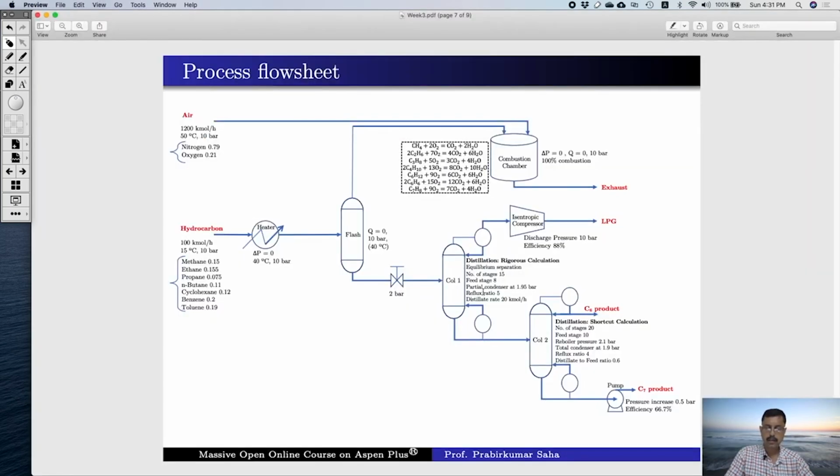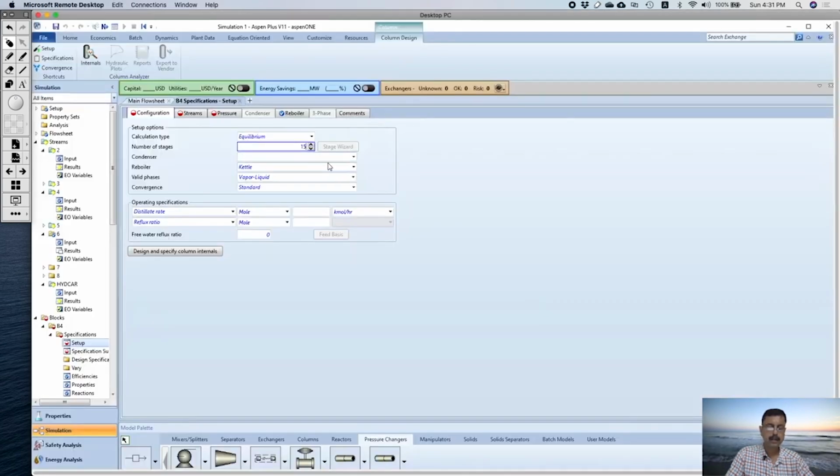And the condenser will be a partial condenser. Now it is partial vapor, because a partial condenser may produce either vapor or both vapor and liquid. So in our case we have only vapor, we do not have any liquid distillate.